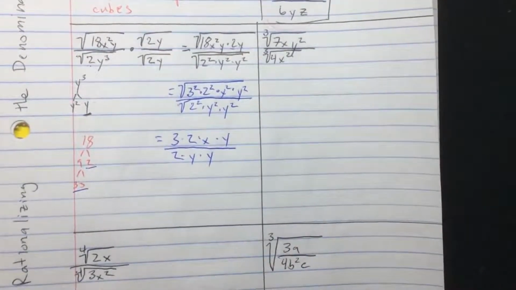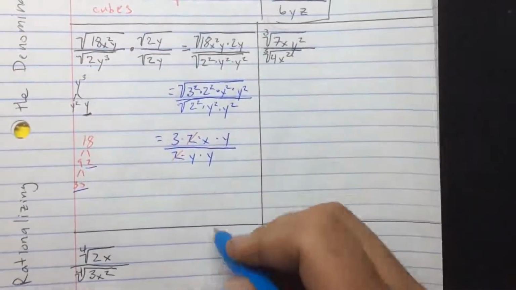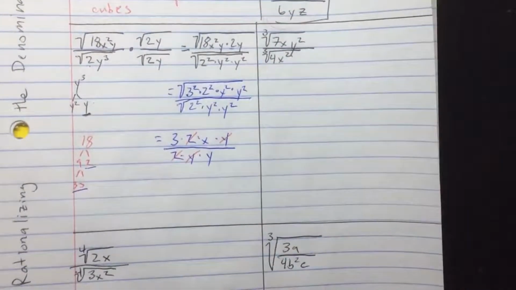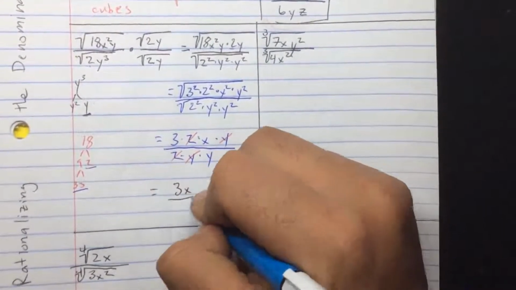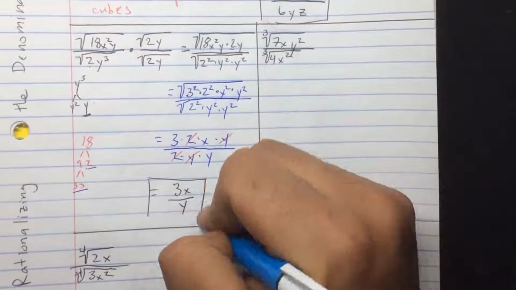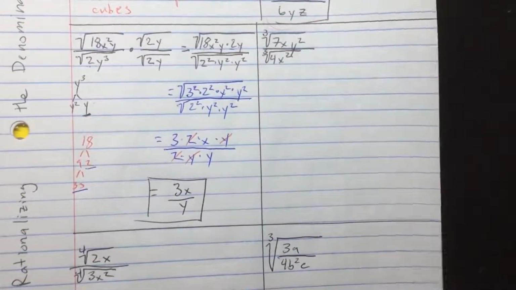So we're going to divide out our common factors. We have 2 and 2, and y also divide out to 1, leaving us just with 3x divided by y, which is our simplified form of our rationalized denominator.